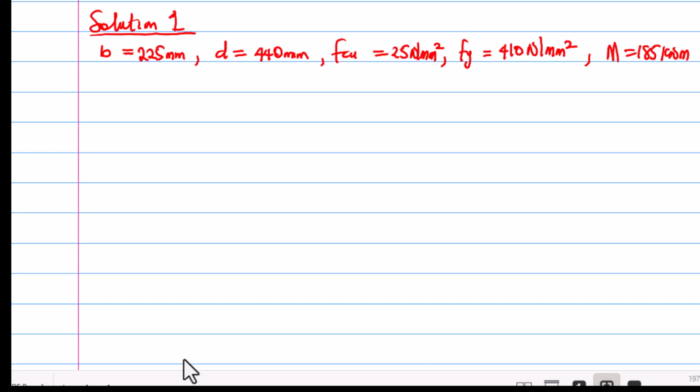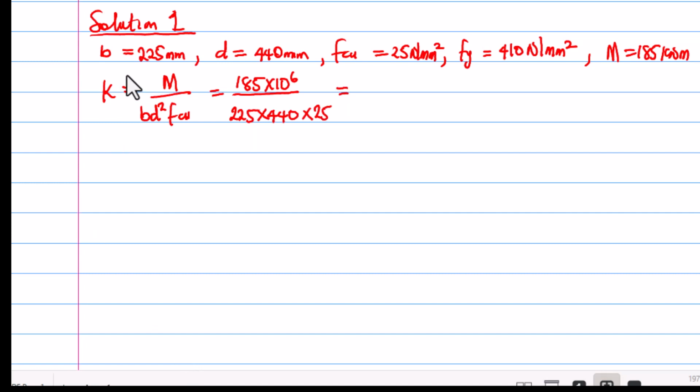So from my K, which equals M over BD squared FCU, this will give me 185 times 10 raised to the power of 6 divided by 225 times 440 times FCU, which is 25. So let's quickly bring out our calculator.